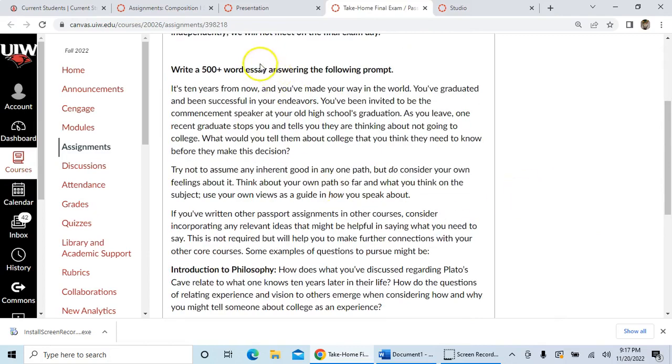So, yeah, again, just imagine you are 10 years in the future. Someone asks you, you've been really successful, but somebody asks you, should I go to college or not? And you have to give them advice. And, yeah, if you want to, you can say, no, I don't have a dog in this fight.